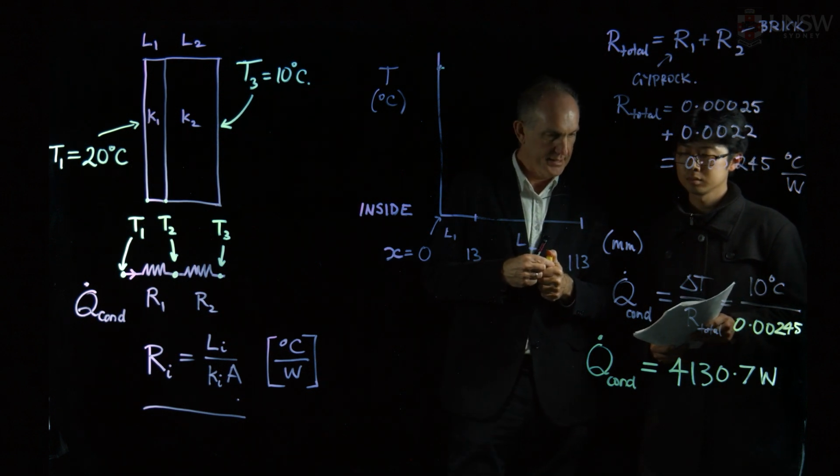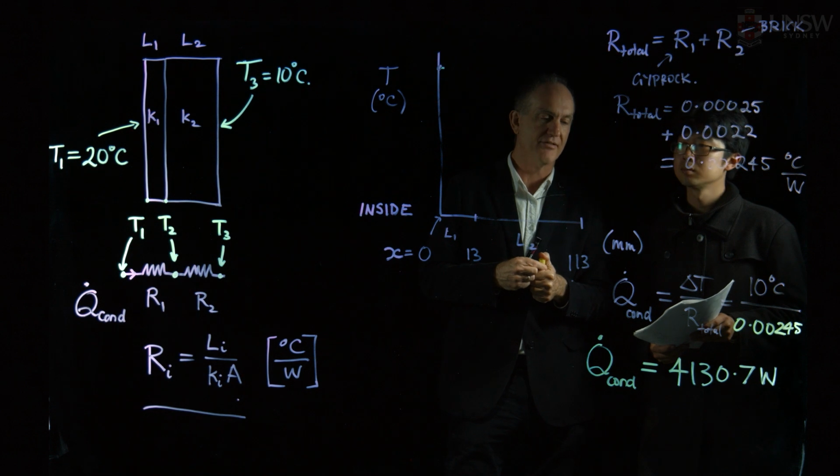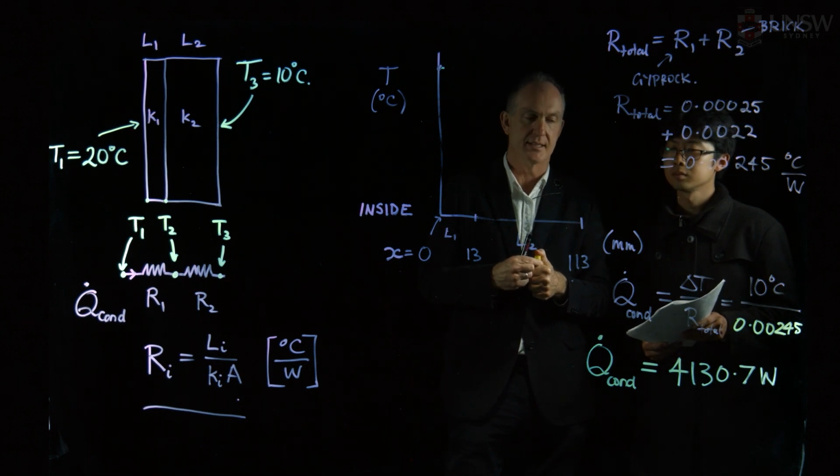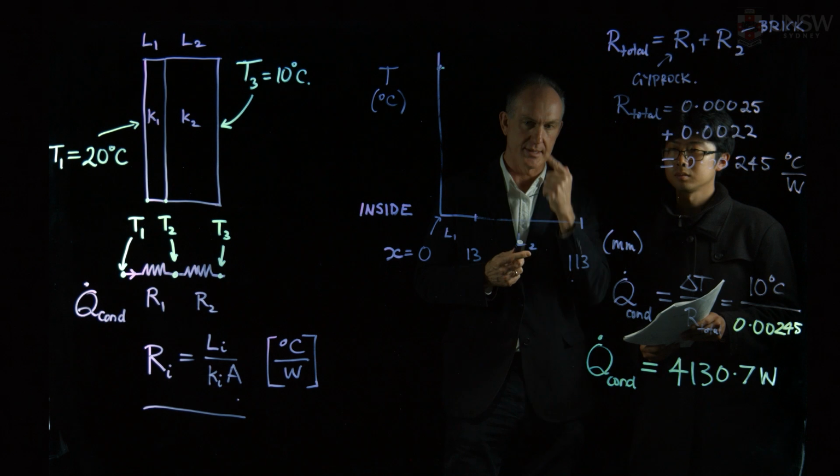So under steady state conditions, we've got probably about a factor of 20 times more heat going through a wall with no insulation.